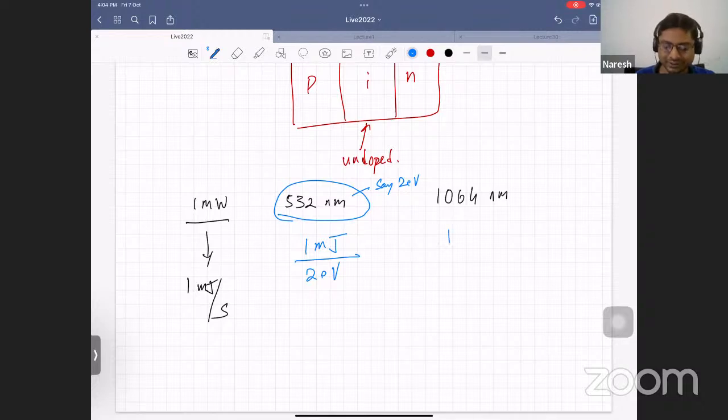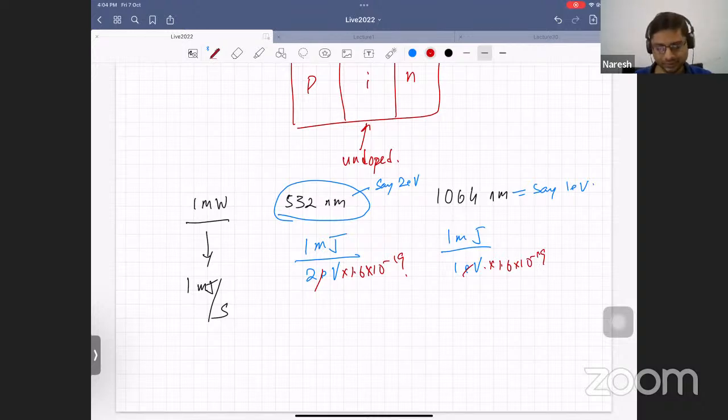But in the other case, the same 1 millijoule of energy is divided by, say, 1 eV. You understand what eV is. We talked about this: 1 eV is 1.6 into 10 power minus 19 joules. So you can count how many photons are coming.